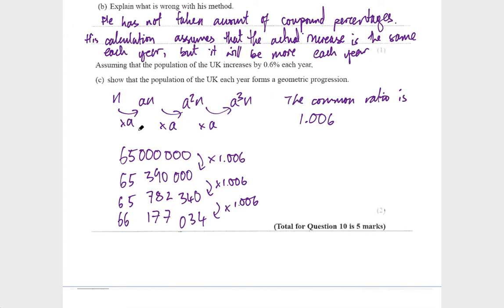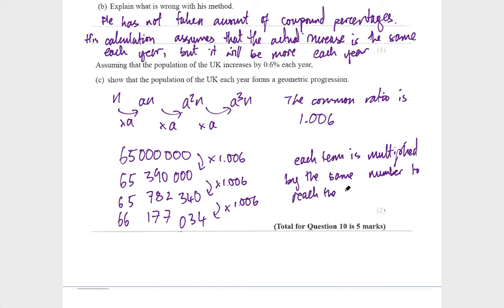If I've done that, that would be enough to show that I've got the geometric progression, but there also should be each term is multiplied by the same number to reach the next term. So, geometric progression.